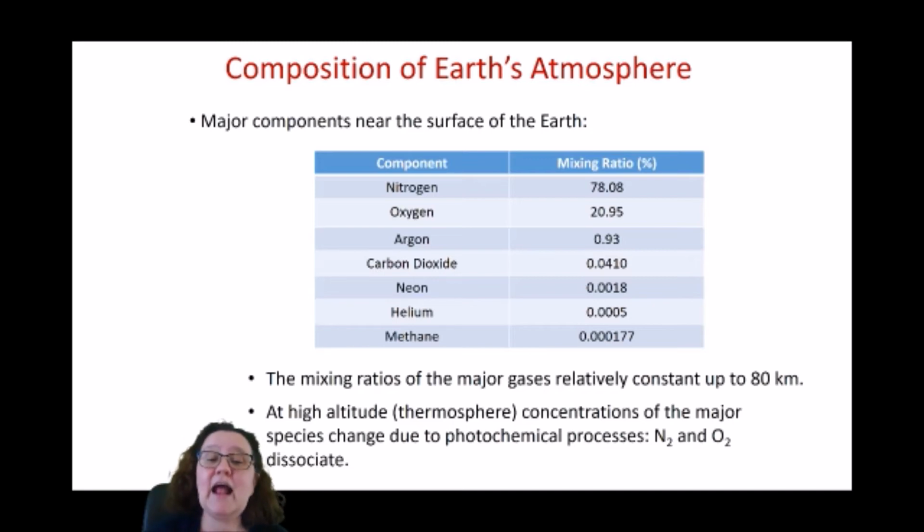At higher altitudes, because of the availability of solar radiation, photochemical processes occur. So, chemistry facilitated by the sun, by the solar rays. And the major components, nitrogen, N2, dinitrogen or molecular nitrogen, and O2, dioxygen or molecular oxygen, dissociate into their elements.